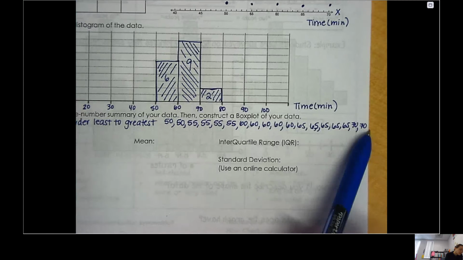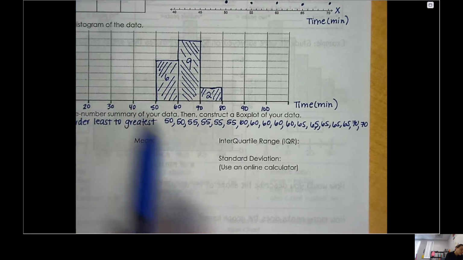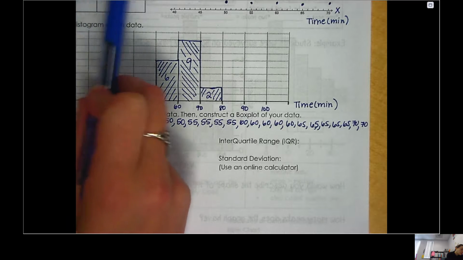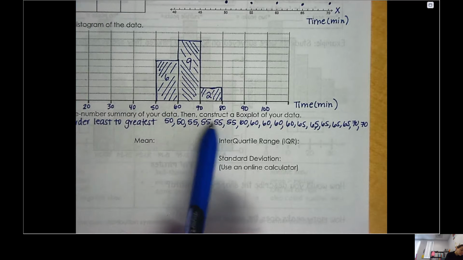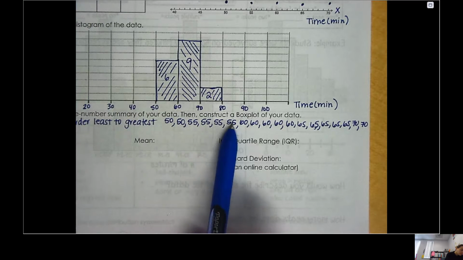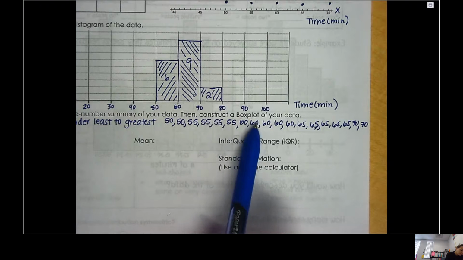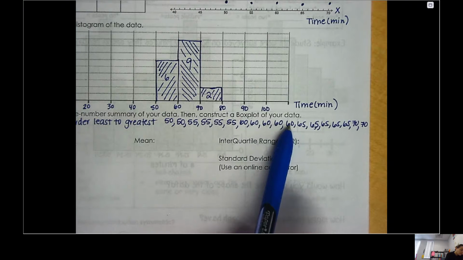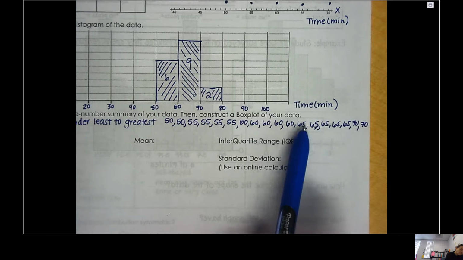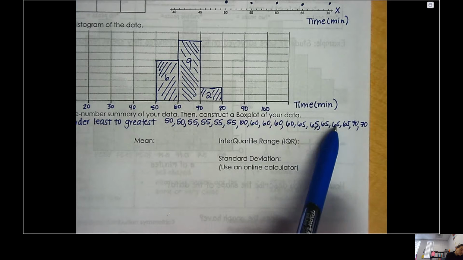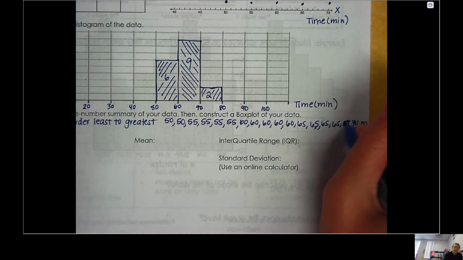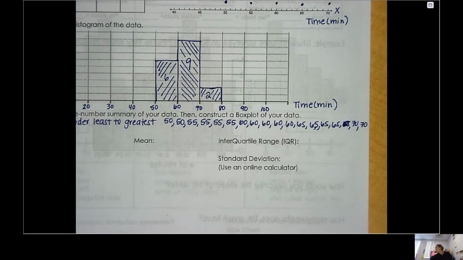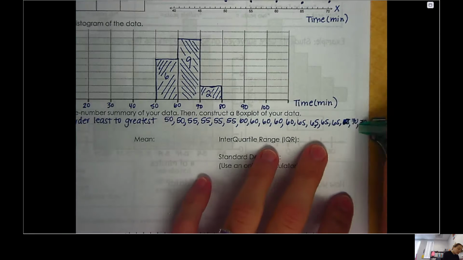How do I have more than 17? What did I do? Oops, I got one too many. That's fine. Okay. Yep, count and make sure. Mr. Master just made a mistake, so make sure you didn't make a mistake.